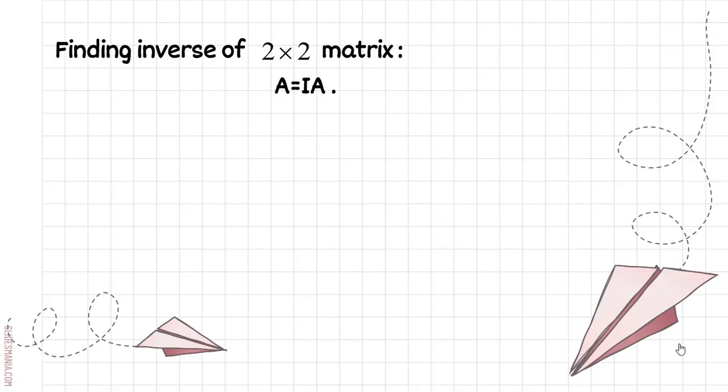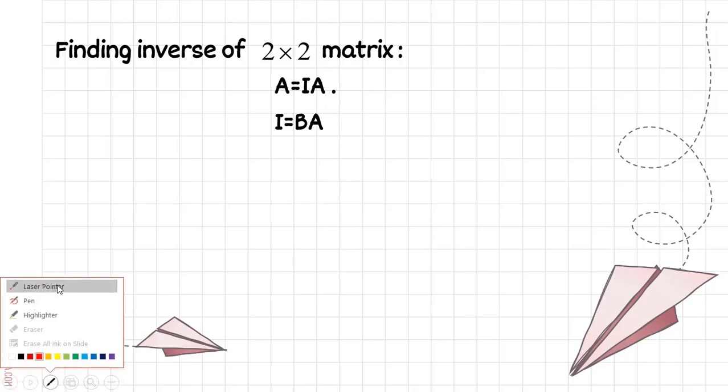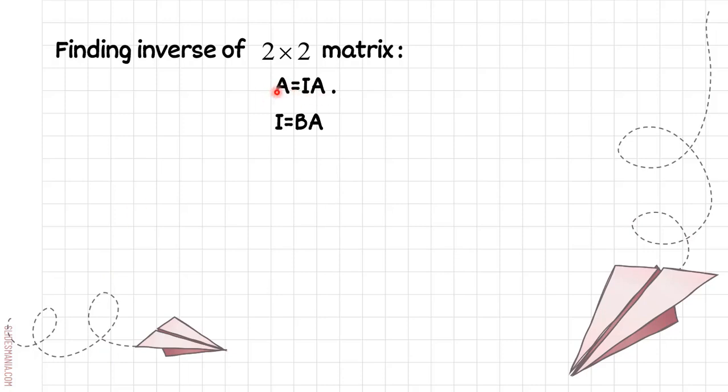Then you will perform some elementary operations in order to reduce this equation to I is equal to BA, meaning you are converting this matrix A into I, and at the same time this I will be converted into B. There are a maximum of 4 steps that you have to follow.